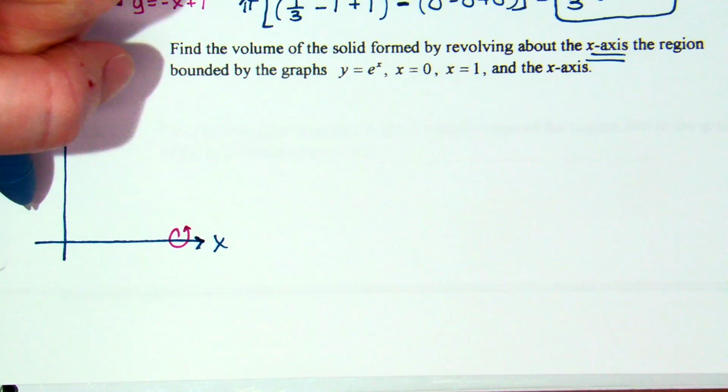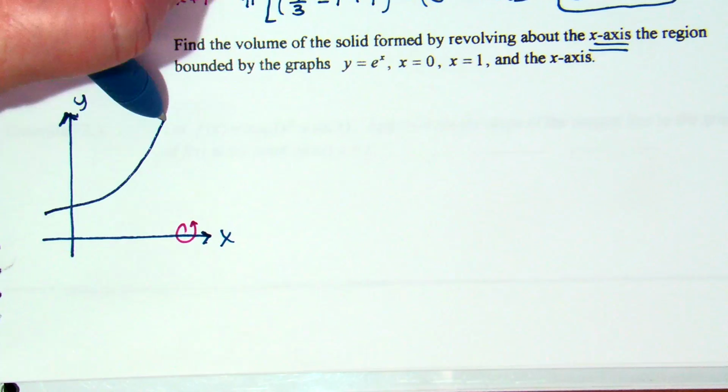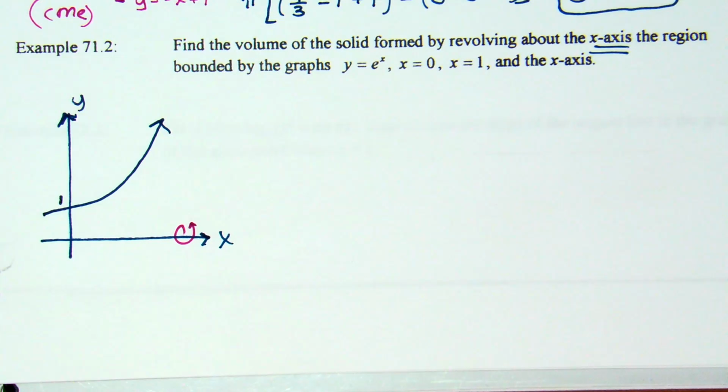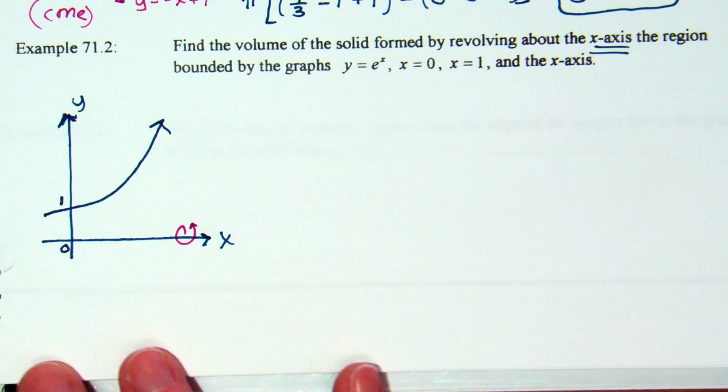So we know it cuts through here at 1. And then it says x equals 0. What is the line x equals 0? That's the y-axis. What is the line x equals 1? Vertical line at 1, yes? So we've got x equals 0, x equals 1, the x-axis, and y equals e to the x, the piece we are revolving.